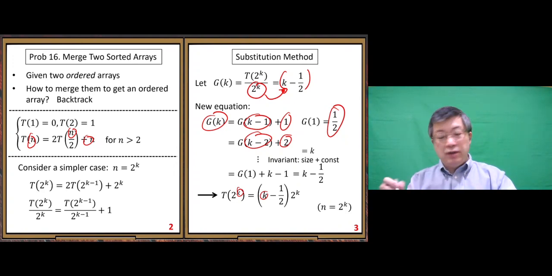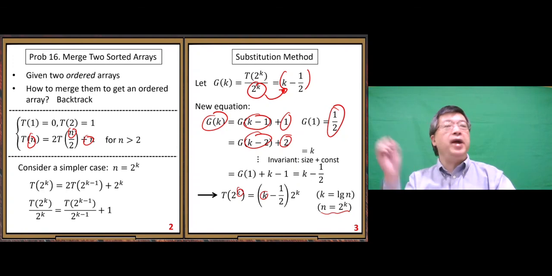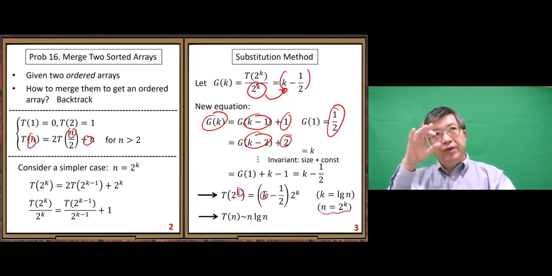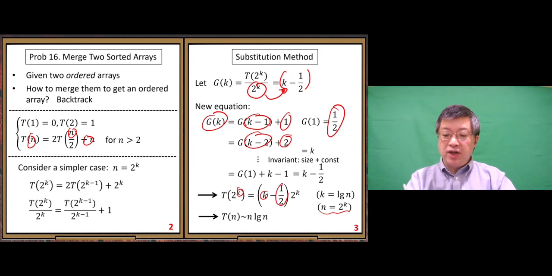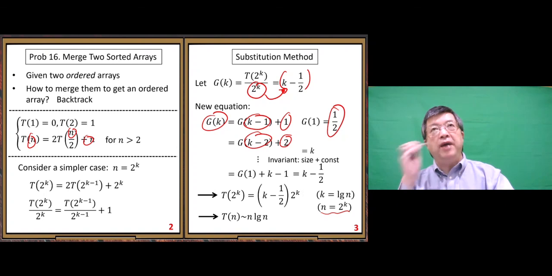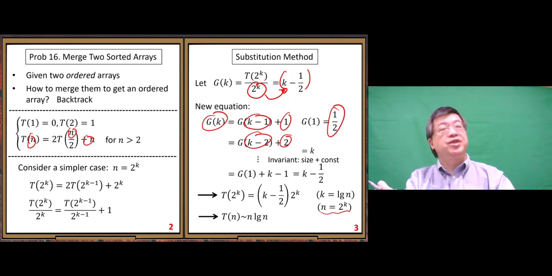The relationship between n and k: n equals 2 to the kth, and k equals log base 2 of n. With that, we can simplify this t function to approximately n times log base 2 of n. It's an approximation because the 1/2 is very small, so we can drop it.